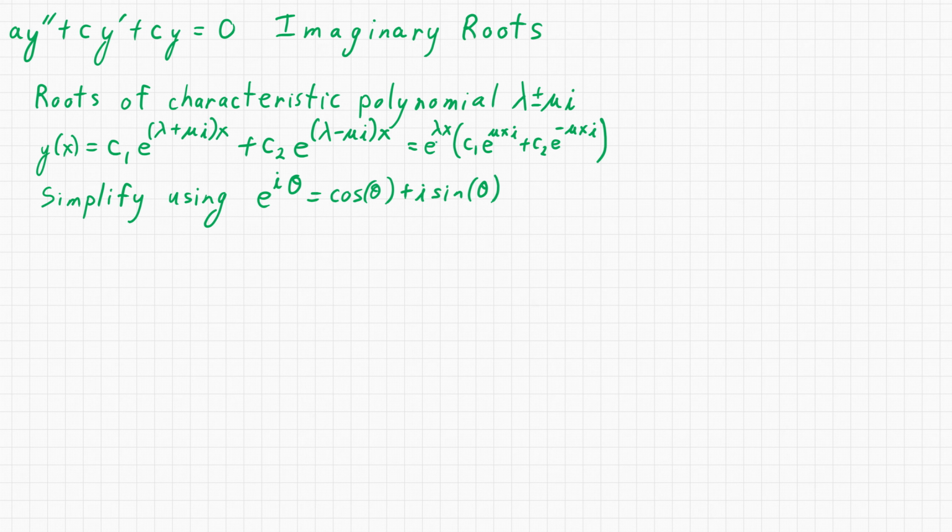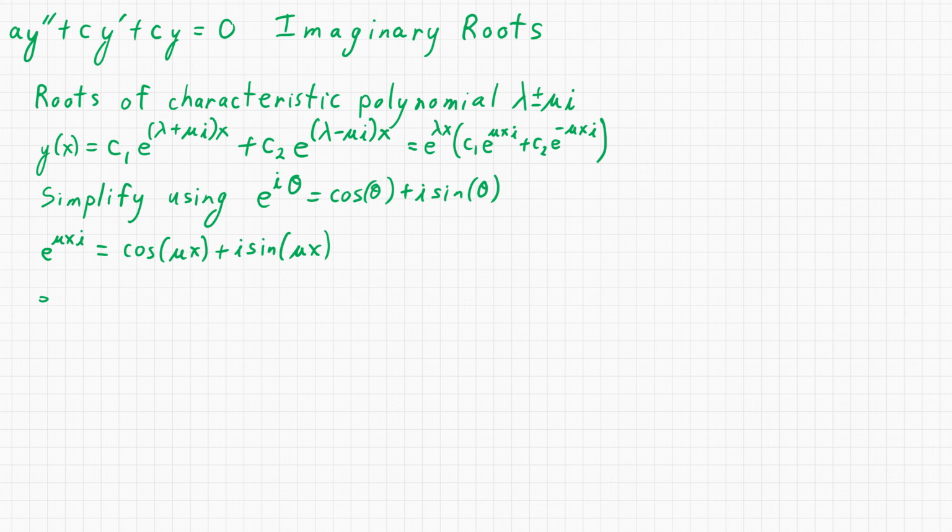So e to the lambda x is kind of close to what we want, but we still have these complex exponentials in here, and we want to get rid of those. Here's the idea. We have e to the mu x i. Using this formula, that's cosine of mu x plus i sine of mu x.